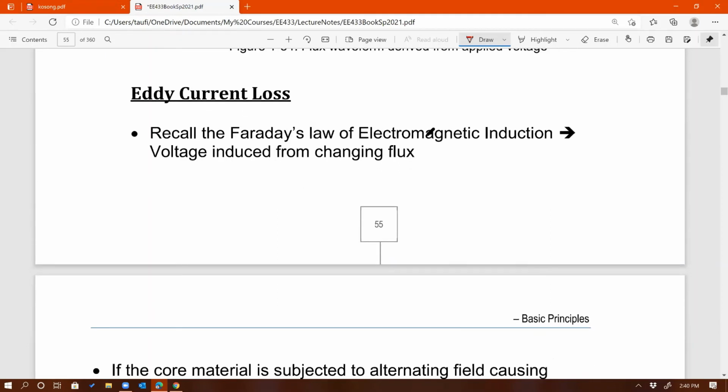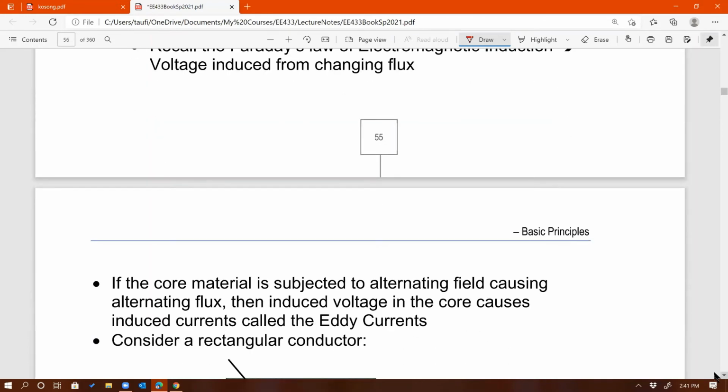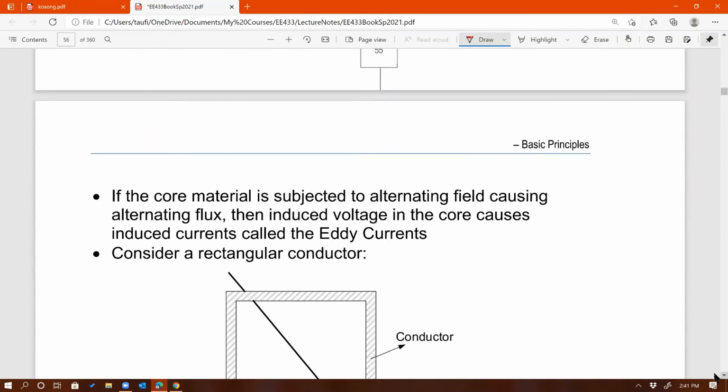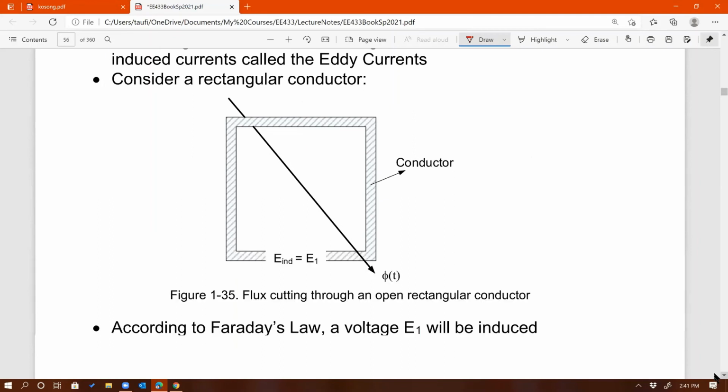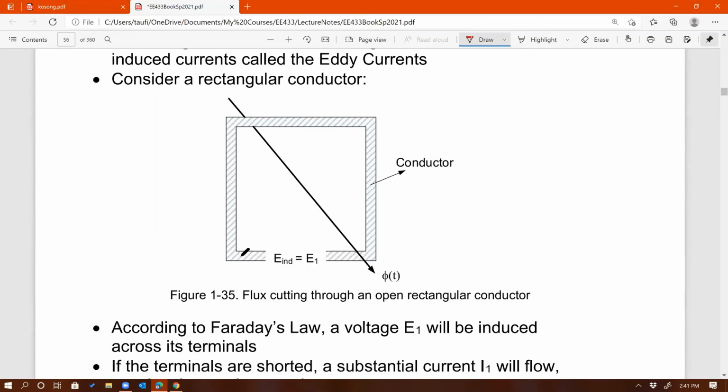Recall Faraday's law of electromagnetic induction. We have voltage induced from changing flux. So as long as you have changing flux cutting across a conductor, you have induced voltage. Here's an example visually. We have a rectangular conductor, and I'm cutting flux through it with respect to time.